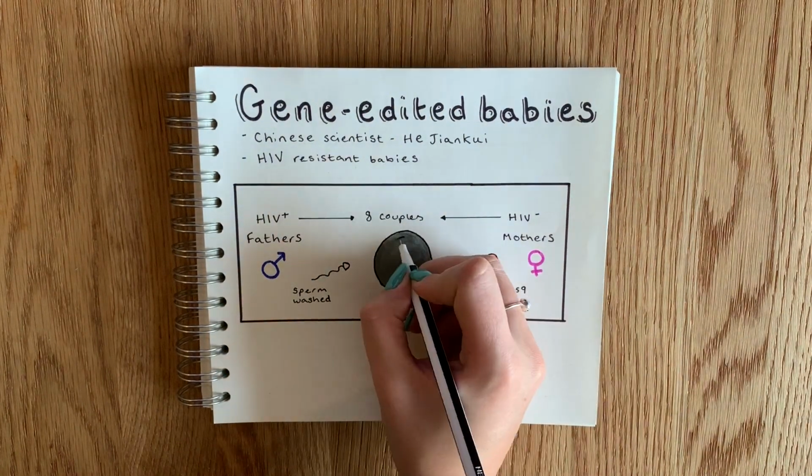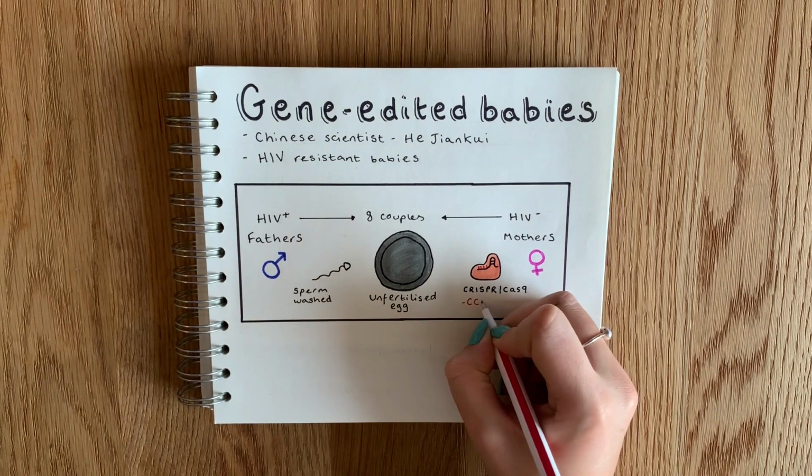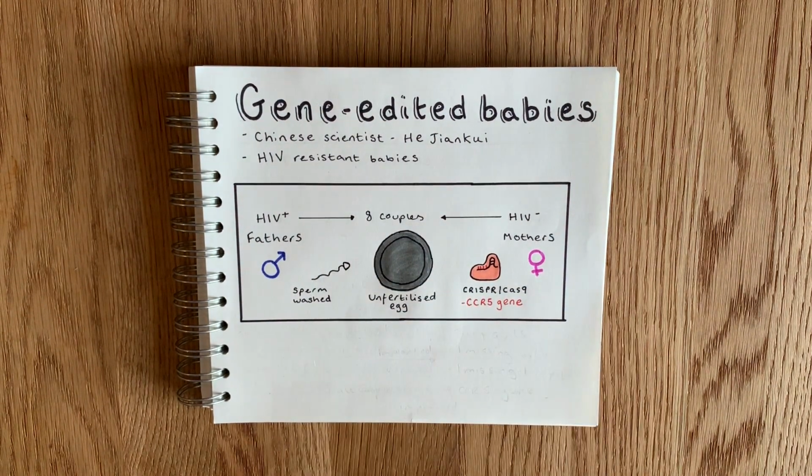This CRISPR-Cas9 that they used was created to target and essentially remove the expression of the gene CCR5. And this is a chemokine receptor which is used by many strains of HIV to infect immune cells. So the idea behind this is that if you remove the CCR5 by CRISPR-Cas9, that you would then prevent HIV virus from using this receptor on immune cells to enter the cell and infect them.